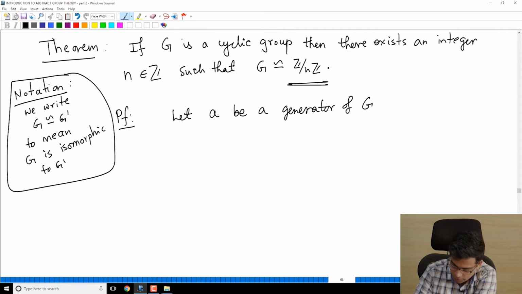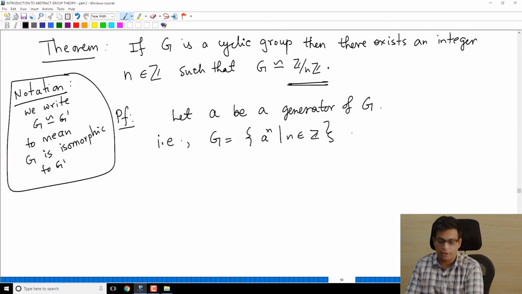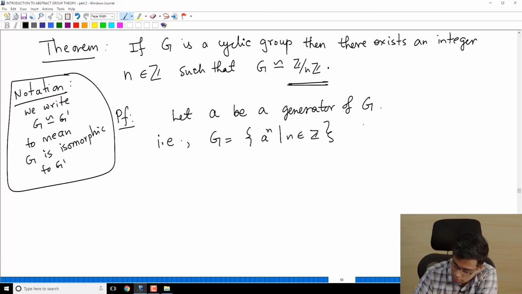Let a be a generator of G. Remember, G is a cyclic group. That means it is generated by a single element, right? So G is this; this is what it means. Powers of a cover all of G, because such an element exists because G is cyclic.